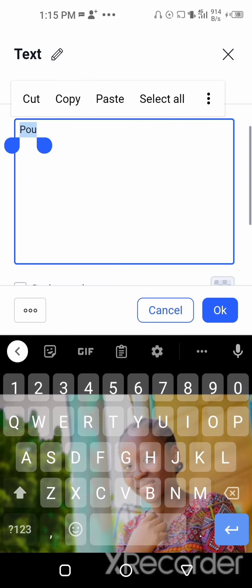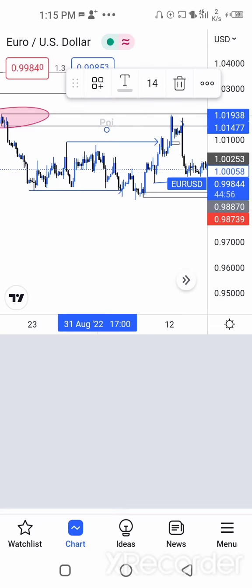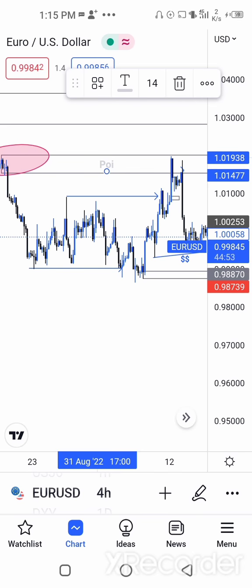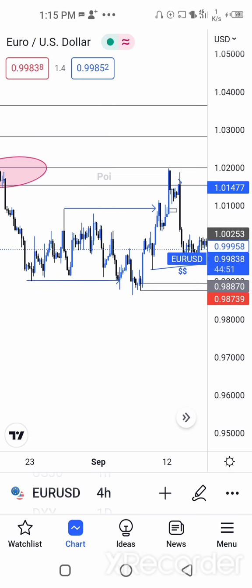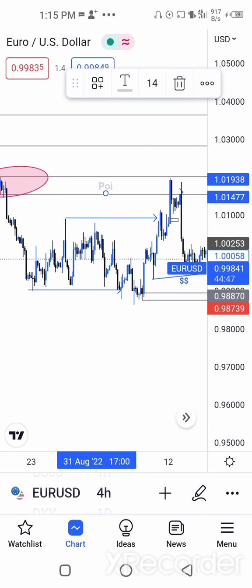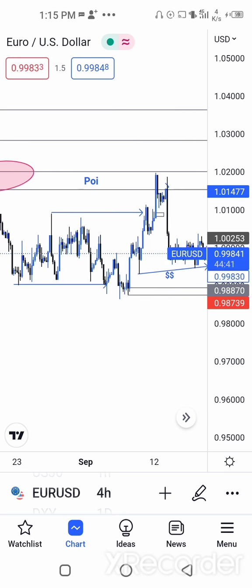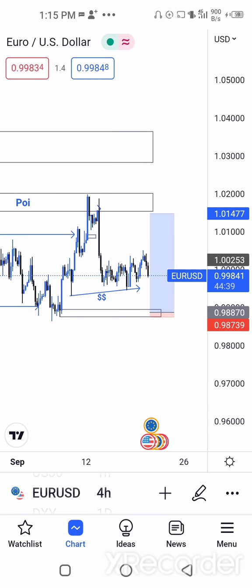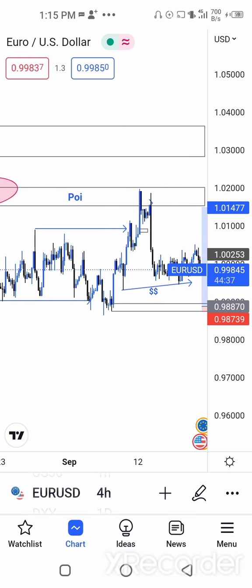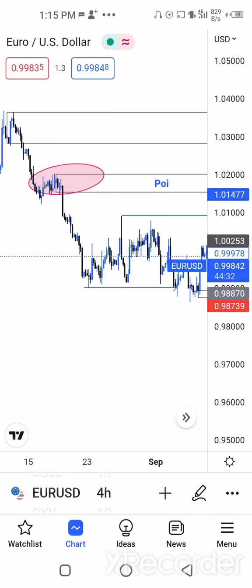And let's change the text font to blue. So this is my POI, my point of interest, that when price gets into this zone, I will look towards it. It is a zone that I am willing to sell from. That is your supply zone.